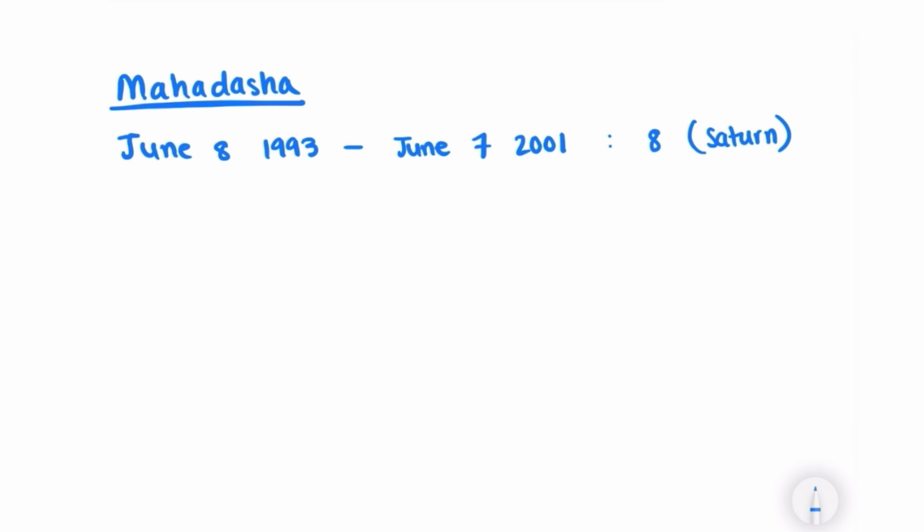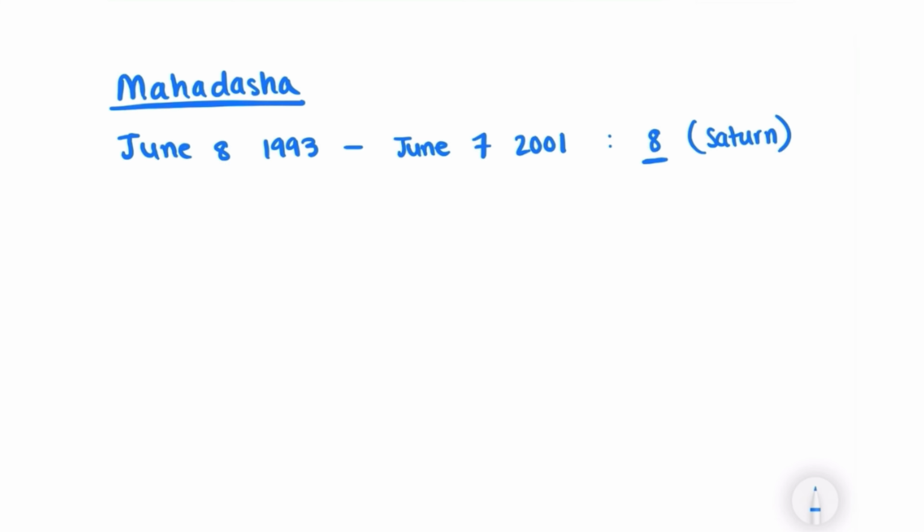So from the moment they are born, for the next 8 years, this person will be running their 8 Mahadasha, which is ruled by Saturn. So you can also say it's Saturn Mahadasha. After these 8 years, we will calculate further. For that, all you have to do is take the number that comes after the basic number and keep going down.